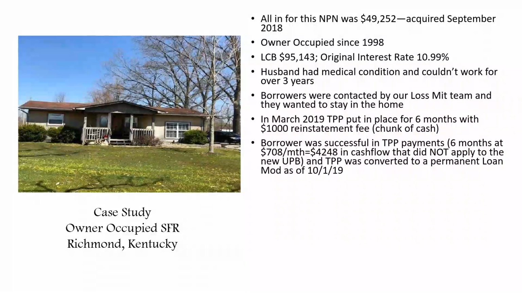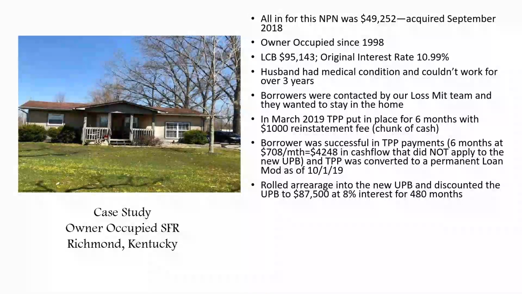The TPP was converted to a permanent loan modification as of October 1st. We ended up rolling a lot of the arrearage into the new UPB, and then we discounted the UPB slightly to $87,500. So that's the new principal balance of the loan. We reduced the interest rate to 8% from 10.99, and we extended the loan to 40 years instead of 30 years because it made the payment more manageable for the borrower.